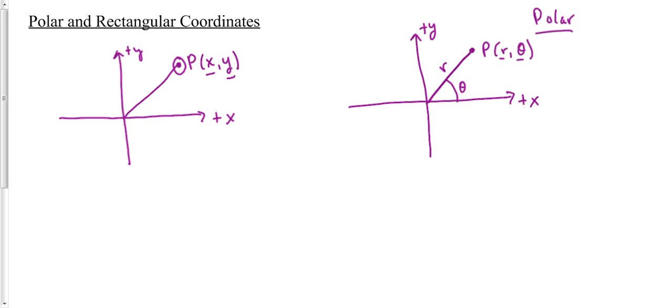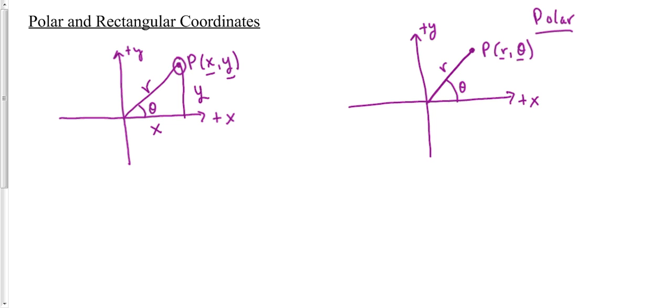So it's easy to convert between rectangular coordinates and polar coordinates, and we can do that using trigonometry. So if we go back over here, we can draw a line, and we know that this is going to be the x-coordinate, this is going to be the y-coordinate, this is going to be theta, and x and y are the legs of a right triangle which has a hypotenuse equal to r.